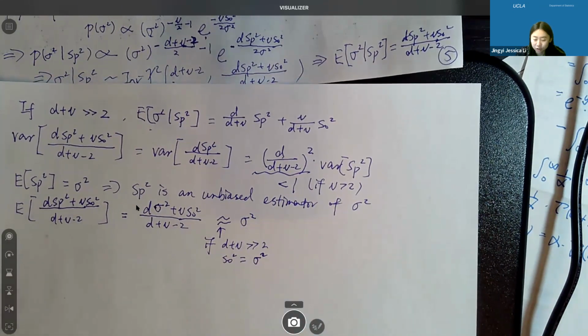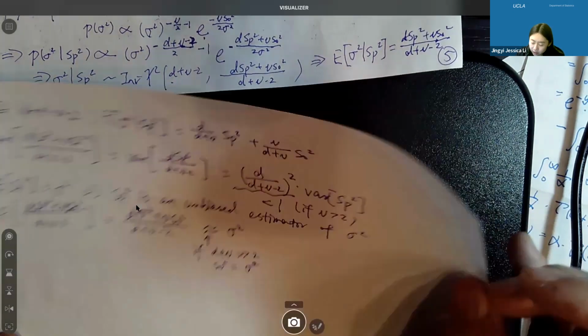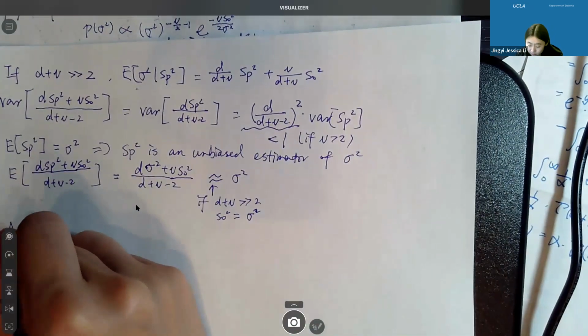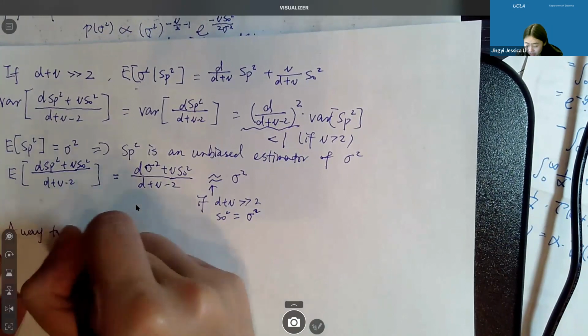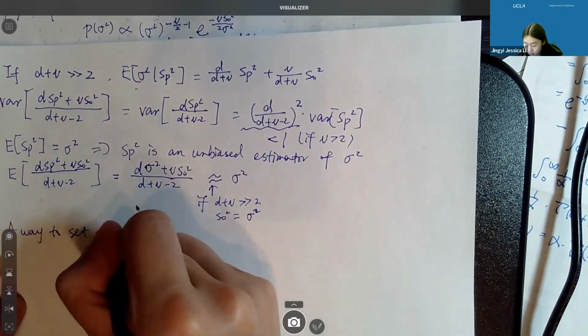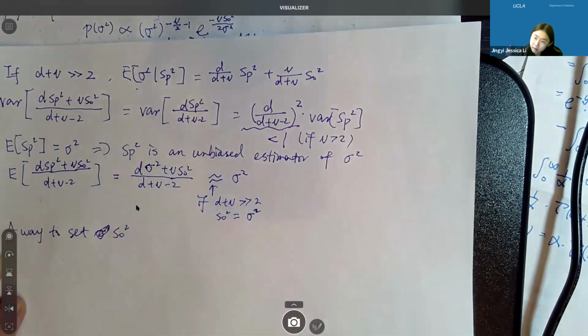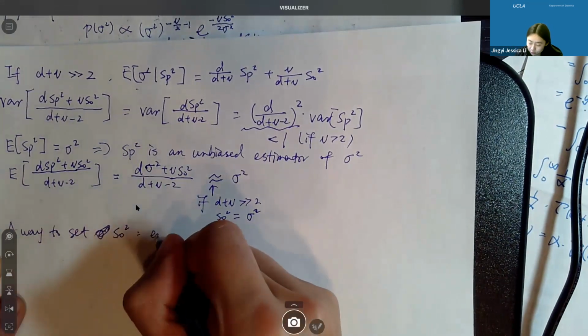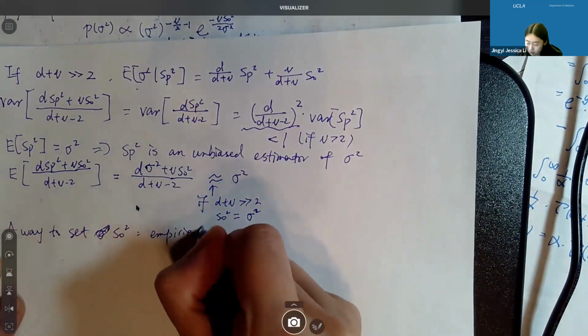So that's the challenge. We cannot really counteract that. So to address this issue, one way to set this s0 squared is to use what I mentioned before, empirical Bayes.